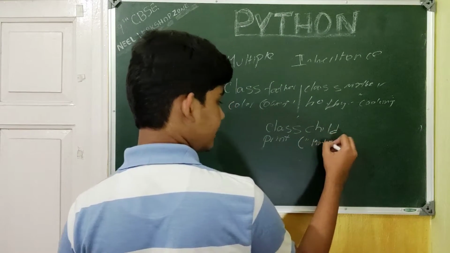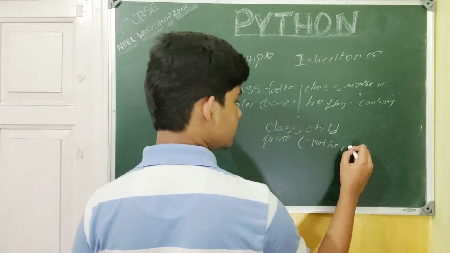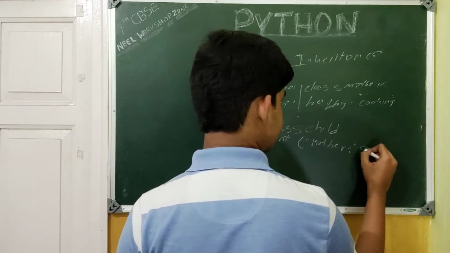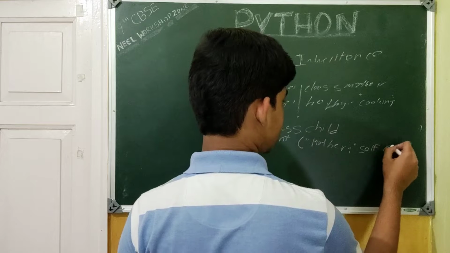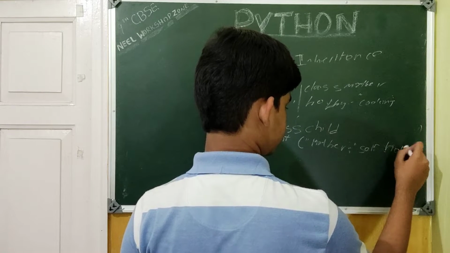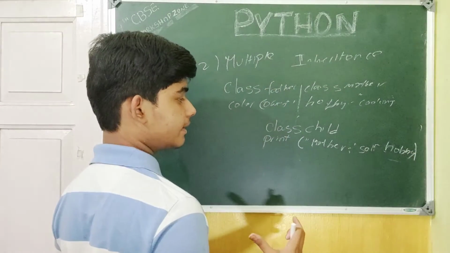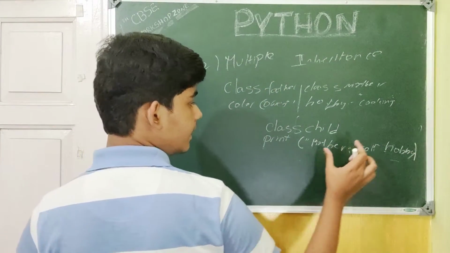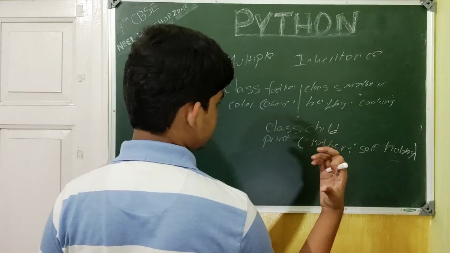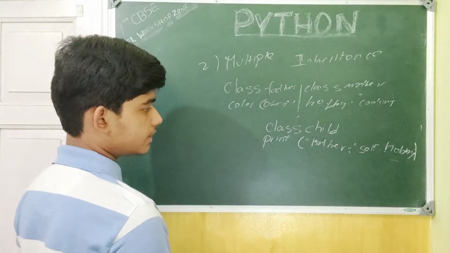So you're basically writing down which class you're inheriting it from, mother, and self color, self hobby. By writing this, basically you're inheriting the properties of the mother class, and this particular property is the property you're inheriting from the mother class.